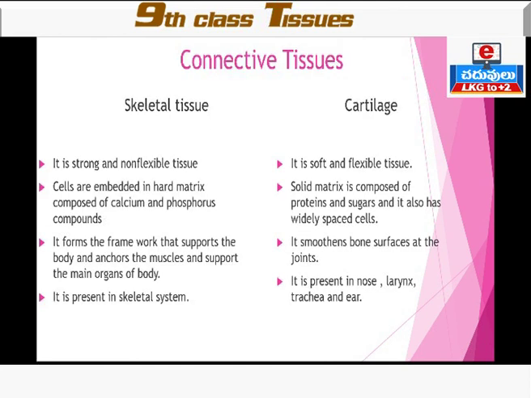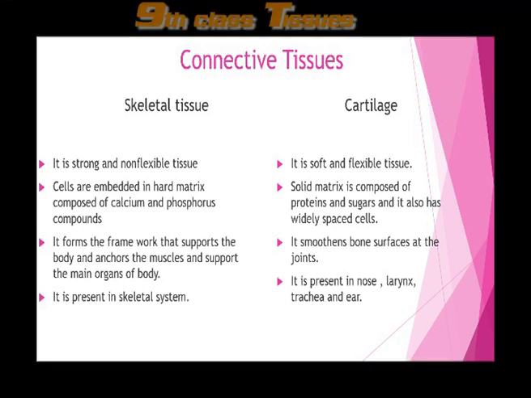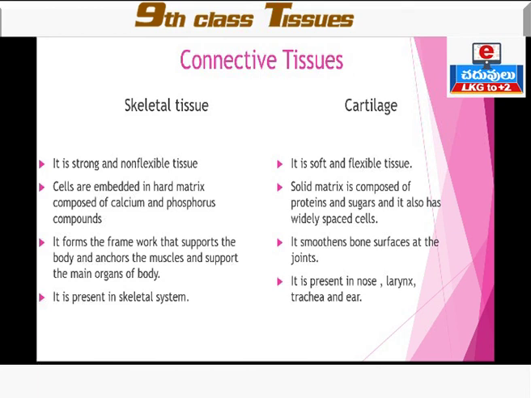Now let us differentiate between skeletal tissue and cartilage. This is a very important question that can come in the exam. They won't ask you the structure of skeletal tissue or cartilage directly. The question can come this way: Haversian canal is associated with the dash tissue. The cell of cartilage is known as dash.